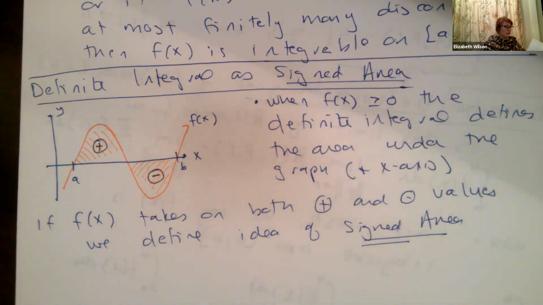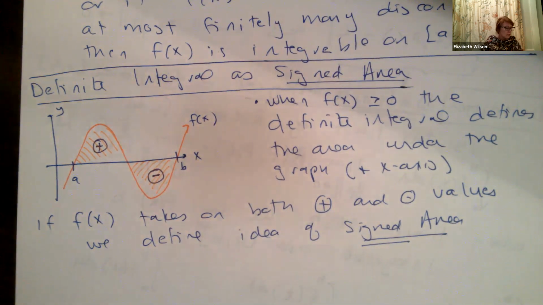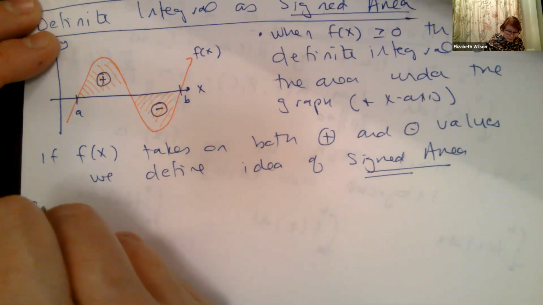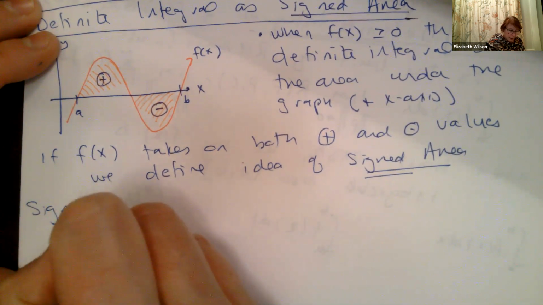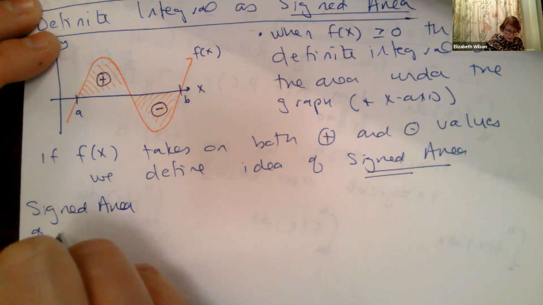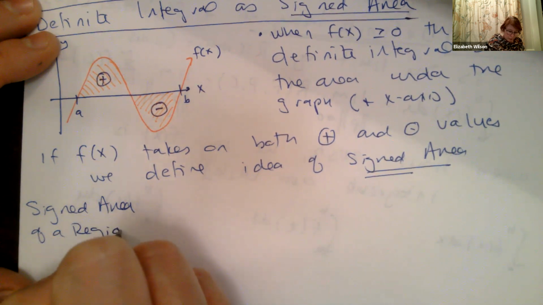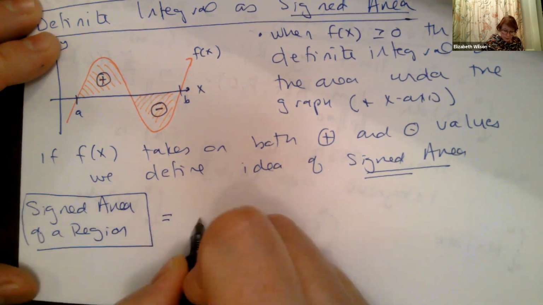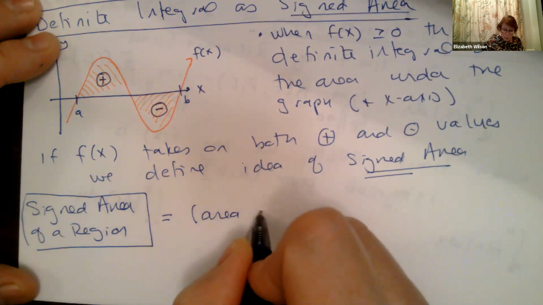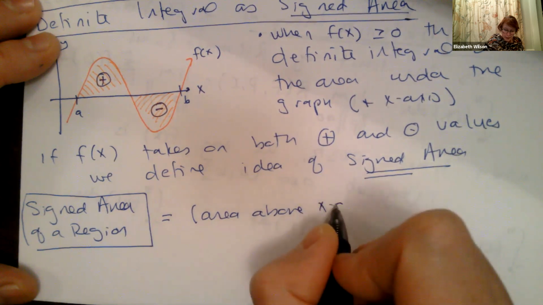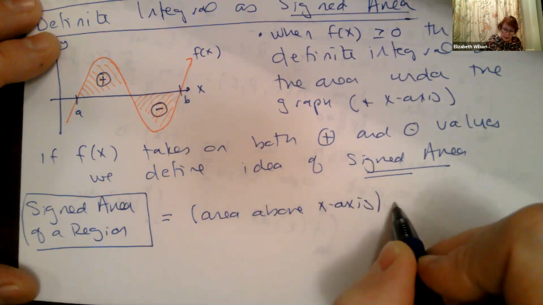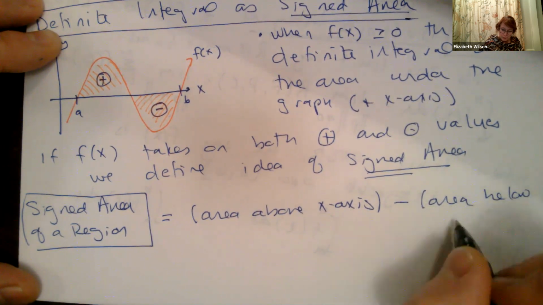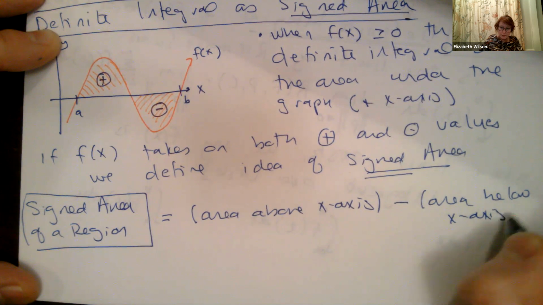Okay, and how we're going to define that is we're going to say our signed area of a region is equal to the area above the x-axis minus the area below the x-axis.